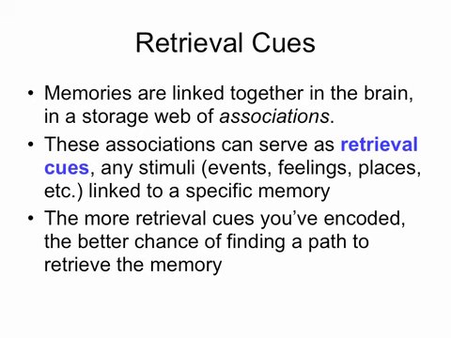Think back to what we learned earlier in the video concerning automatic processing. If these random things like what we ate for dinner or what we were wearing yesterday are automatically stored in our brain, then we might as well use that stuff to our advantage in order to remember the stuff we actually need to retrieve. And so the more retrieval cues that you can encode, the better chance you are of finding that path needed to retrieve that memory.